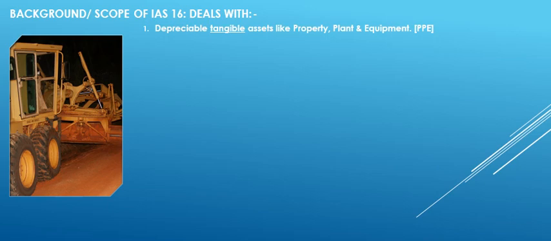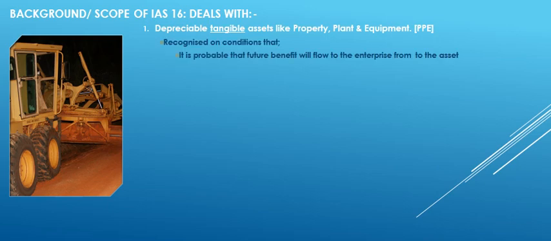These are assets that will be recognized into accounting books on condition that it is probable that future benefit will flow to the enterprise from the asset, meaning that the use of the asset will generate an income for the entity, and that the cost of the asset can be measured reliably. In other words, the asset in use should have a monetary value.